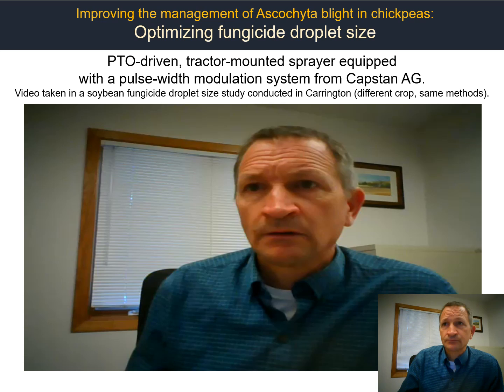Then Proline tank mixed with chlorothalonil, so this is the locally systemic fungicide, tank mixed with the contact fungicide. Our yield gain to using, in this case, the optimum was medium droplets in the first application, followed by coarse once the canopy closure averaged at least 90%.